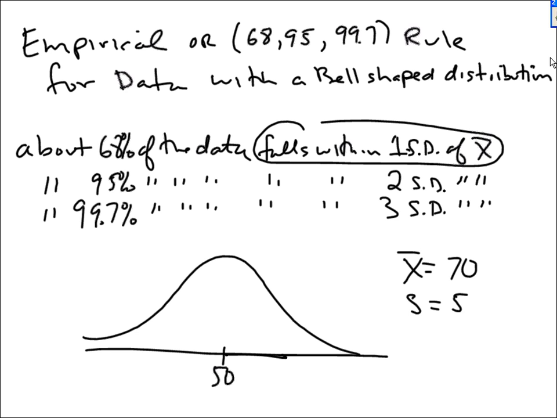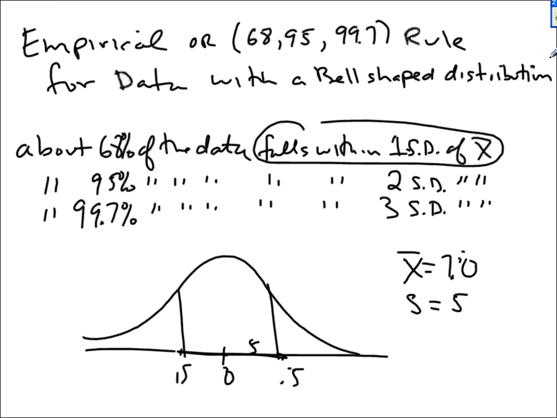That means you can go at most 5 to the right and at most 5 to the left. And about 68% of all the scores will be in there. Let's actually live with 70. So you add 5 and you take away 5.